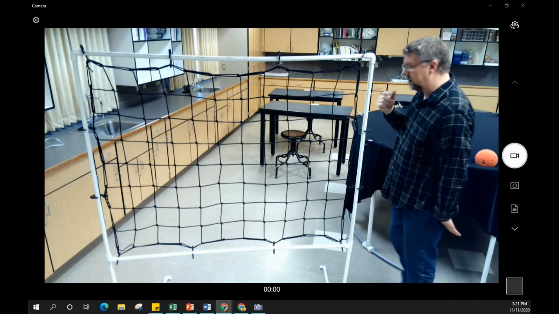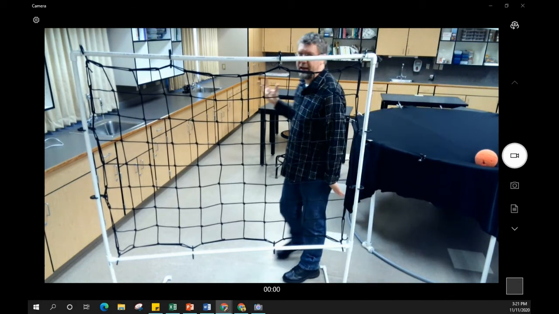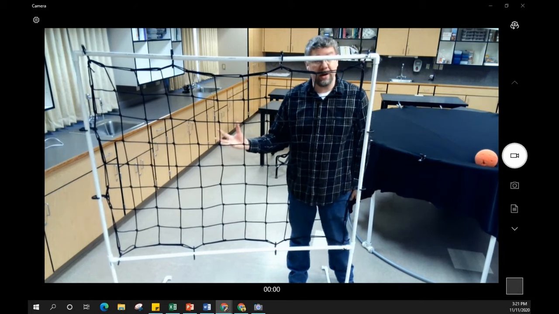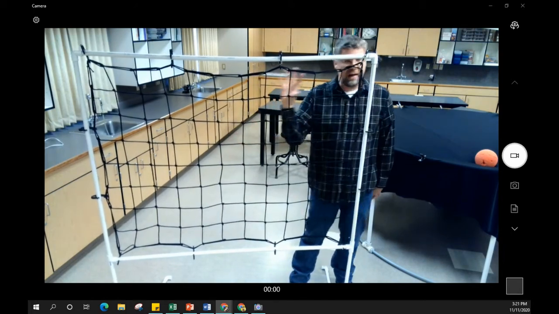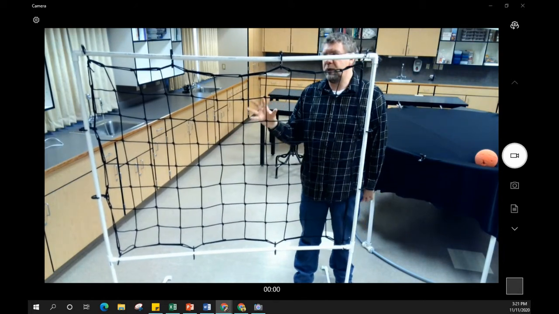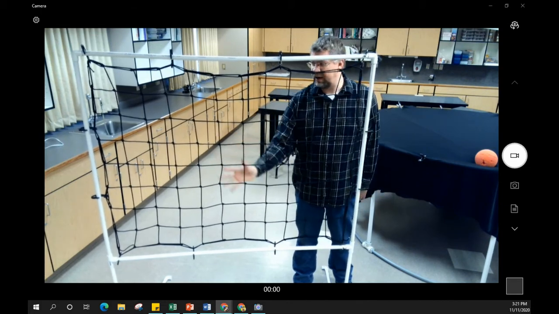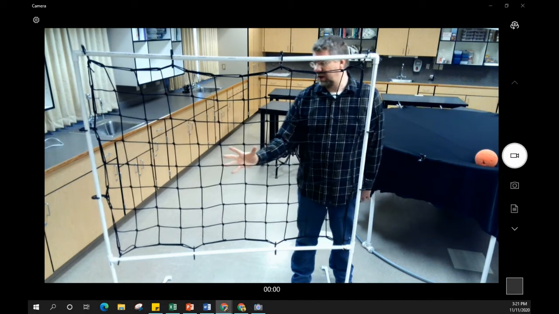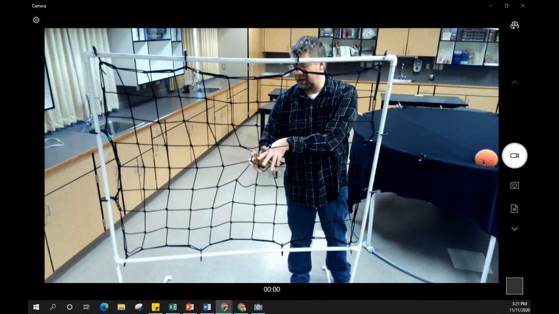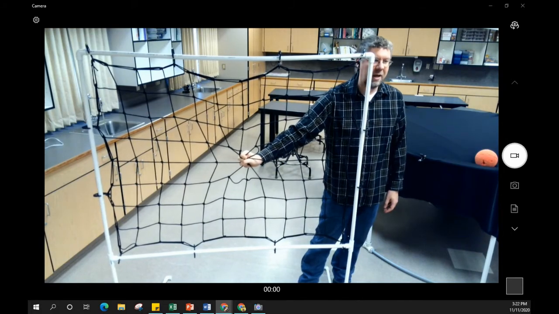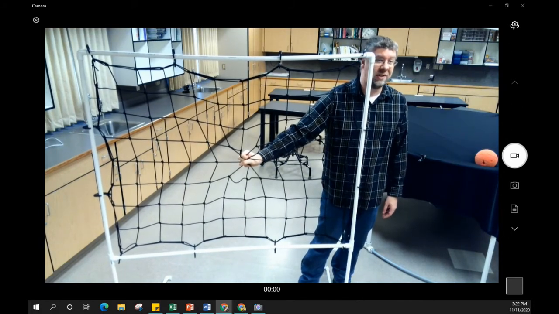So what happens is you get an object that has matter, because all objects are made of matter, and all matter has mass. So what happens is that object with mass is going to take this nice straight lined grid of space-time, and it's going to do something like this. It's going to grab the space-time and pull it in toward the center.